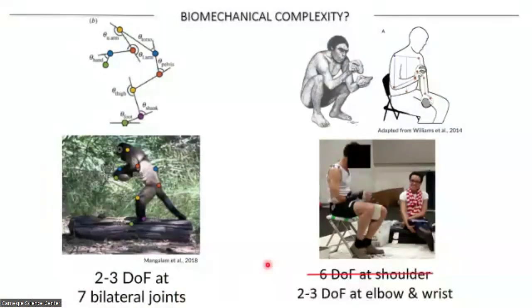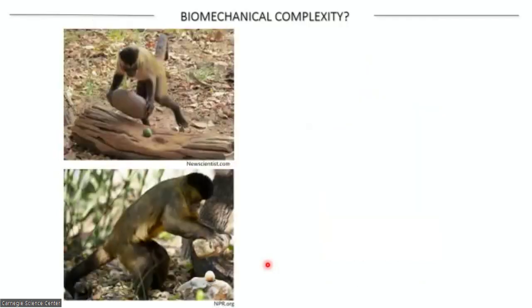Small movements at your shoulder are going to result in large movements downstream. So if you can just lock that down and eliminate this whole complexity, you're a lot more accurate. So what we took away from this is that this biomechanically simpler strategy seems to have some significant advantages in terms of energetic and temporal efficiency.